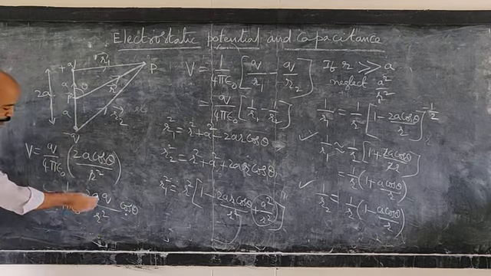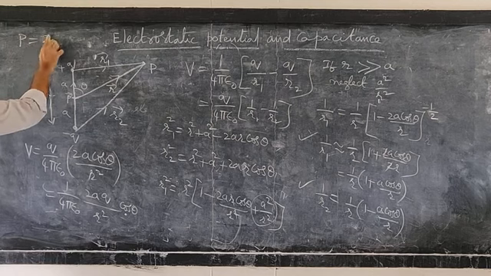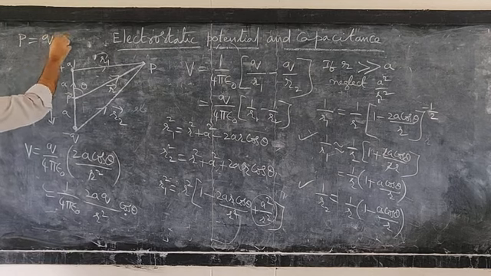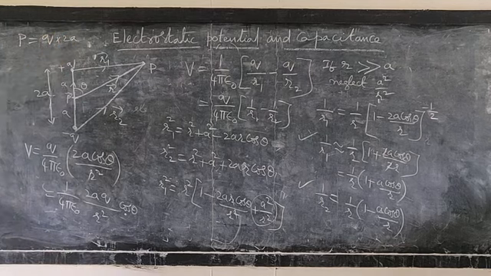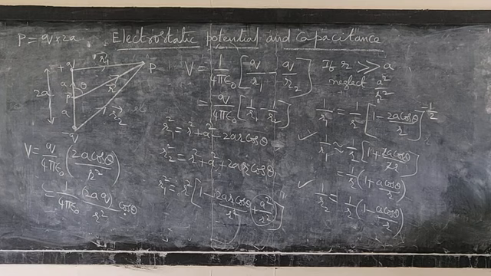See here, this 2aq is nothing but the dipole moment. P is equal to the charge multiplied with the distance between the charges. That gives the dipole moment. So let us represent it as P.